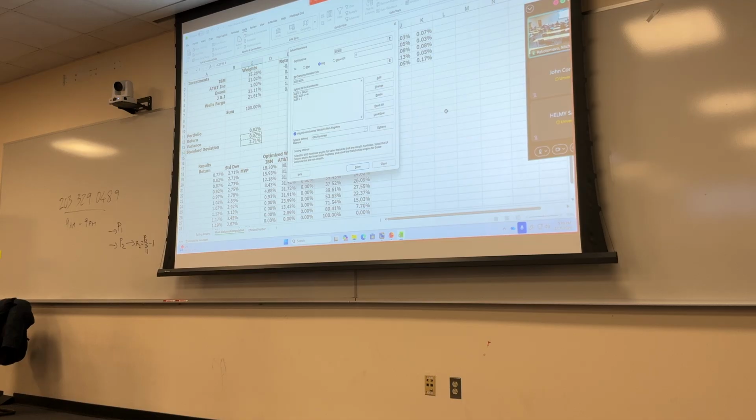Because when we do this, it's for the very long term. And there is no such thing as a long-term short position. Right? So, and then what is the last constraint? Yeah, the sum of the weights should be 1. This is why we had C8. We had a cell that computed the sum of the weights. Right?